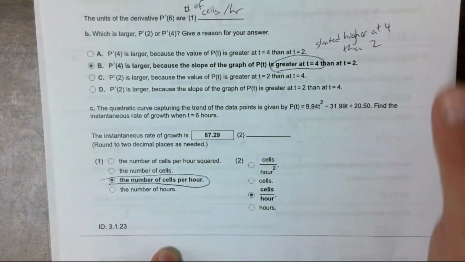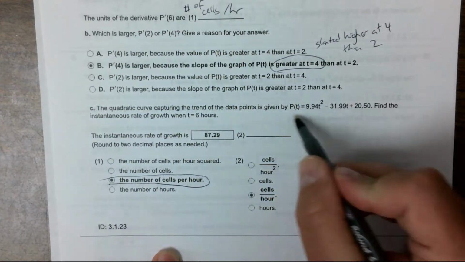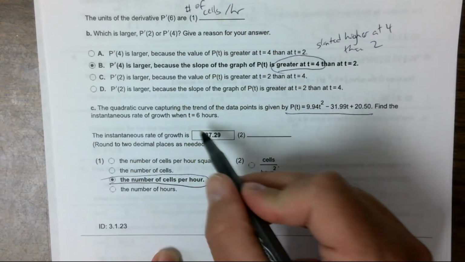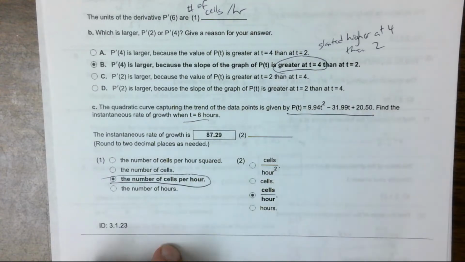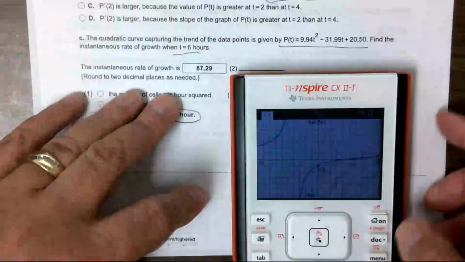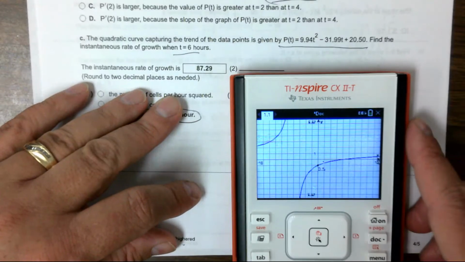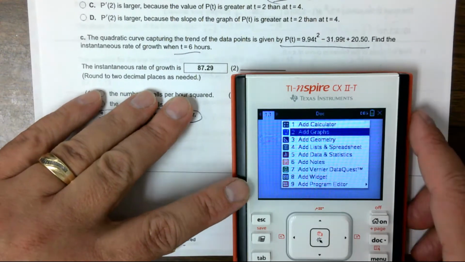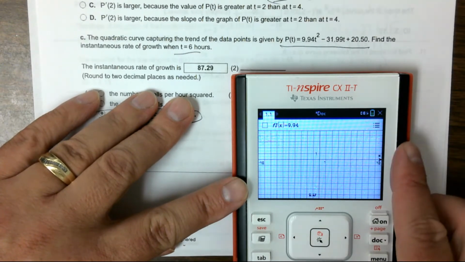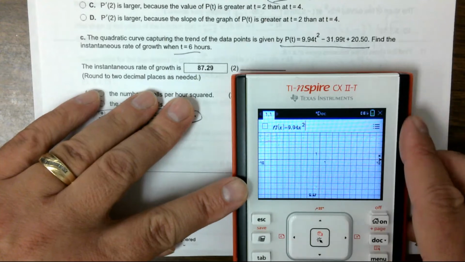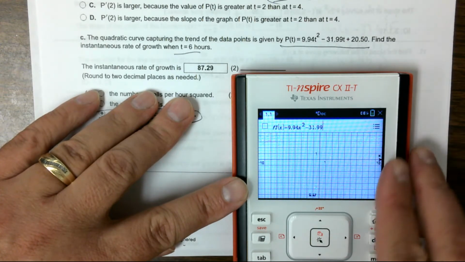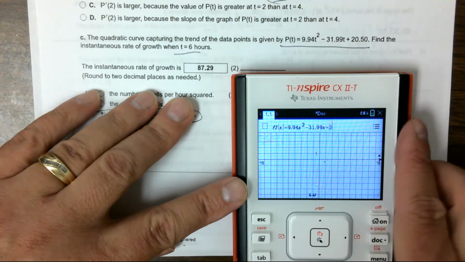Okay, then now they're telling you the equation, and they want to know the instantaneous growth at 6. So go to your calculator. (9.94x² minus 31.99x plus 20.5.